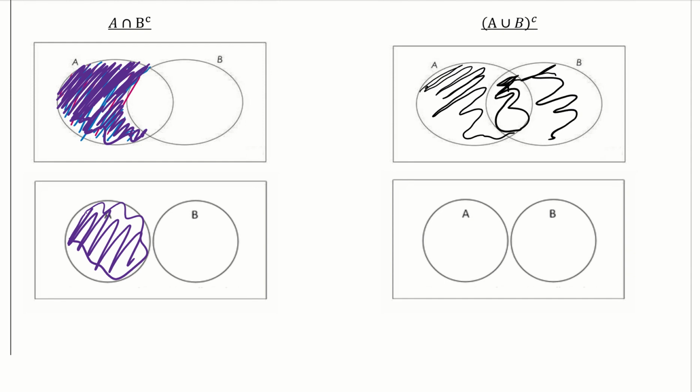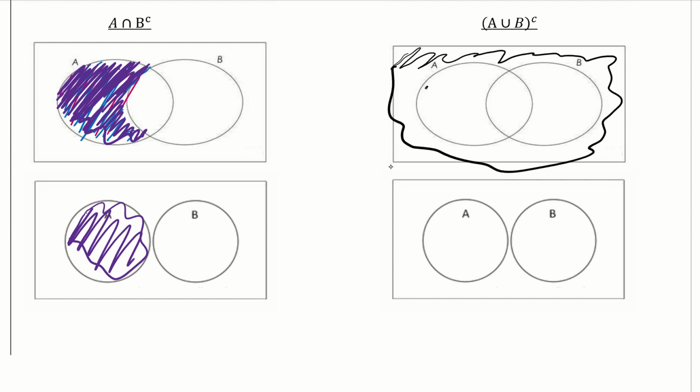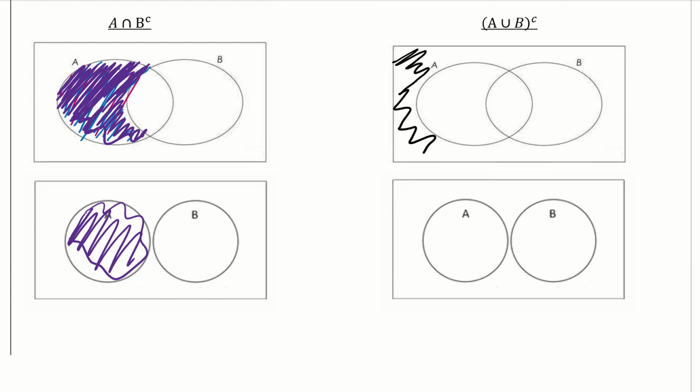So that's A union B, and then the complement of that is everything that is not in that, which means anything on the outside. So then you're going to just shade everything that's on the outside, and you're going to exclude that part, because you're doing anything that is not the original, okay?